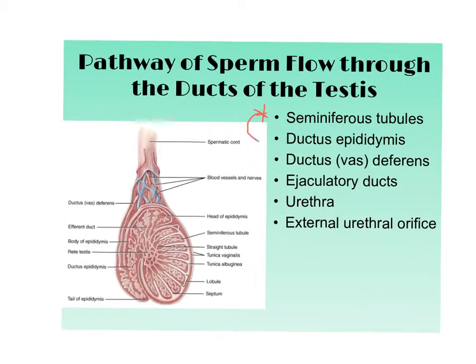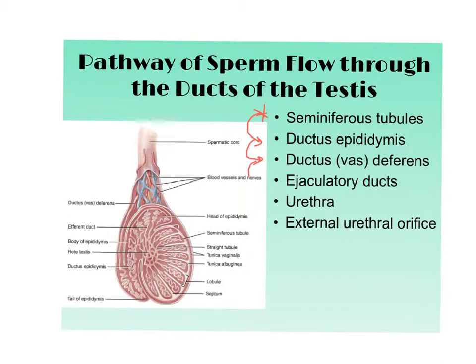Then they're going to move on to the ductus epididymis, which is where the sperm matures and becomes ready to actually fertilize an egg if need be. It then moves on to what's called the vas deferens or the ductus deferens. It's another long tube where it's getting ready to be ejaculated outside of the body.